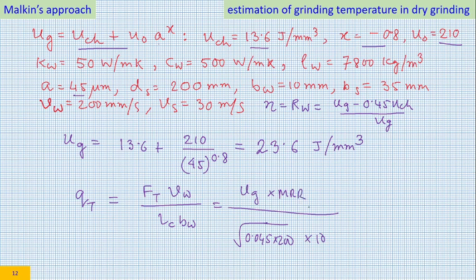So UG into MRR is nothing but 23.6 into MRR, which is 10 millimeter BW, 45 micron A, and 200 millimeter per second VW.